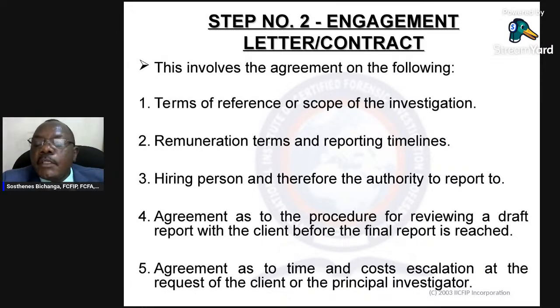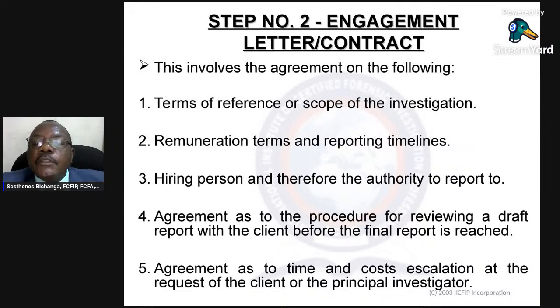That is why we said in the pre-engagement review that you must come up with a good understanding of the client requirements, and therefore give a quote that will cover everything. And when you sit down to agree on the completion timelines, you know you are doing that with finality. You are not going to come back and ask for more time.